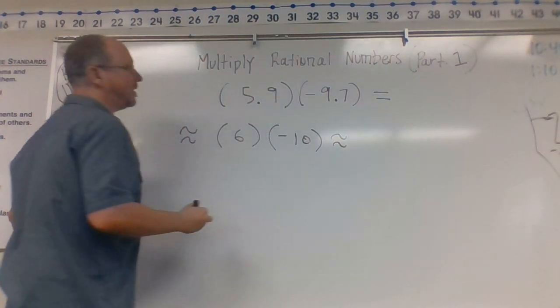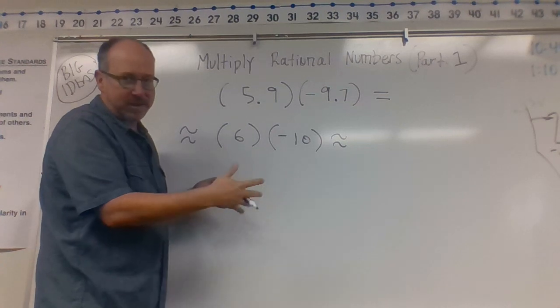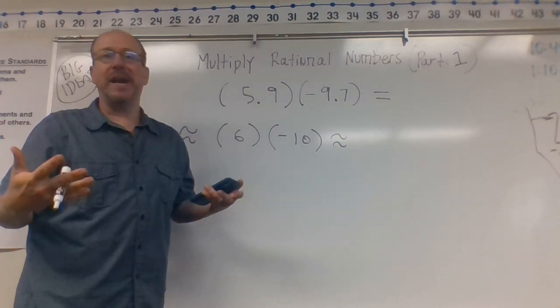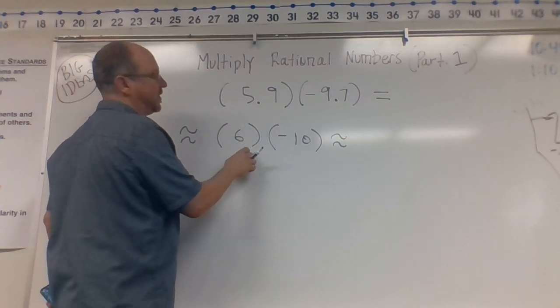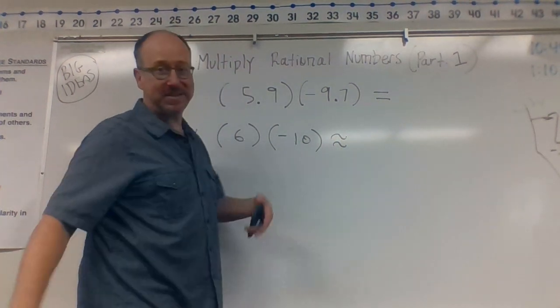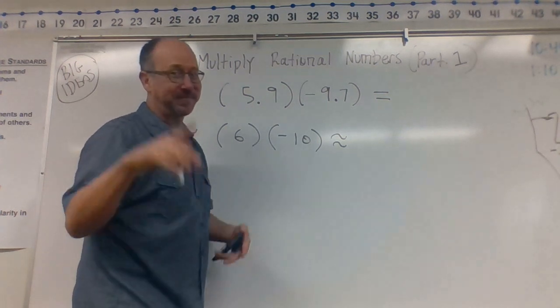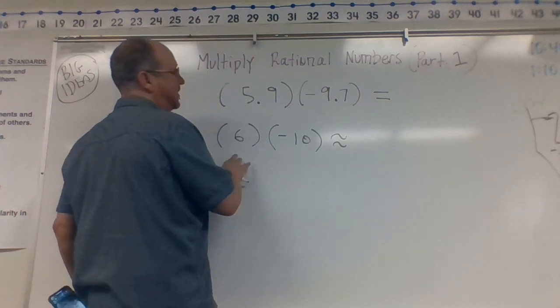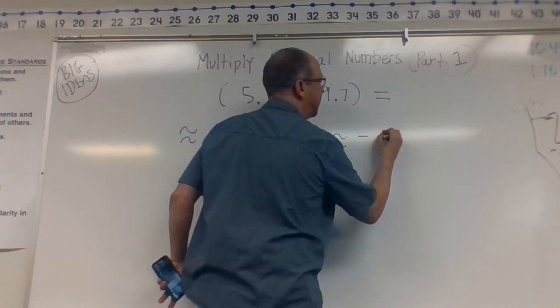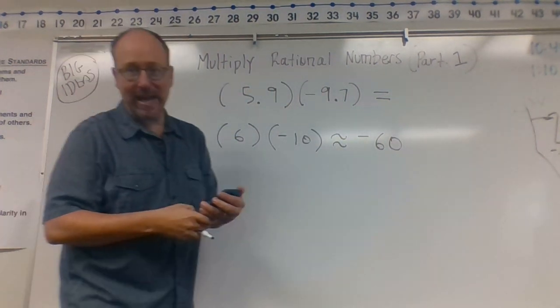And then here, we see values that we can work with, and we know we're going to get an idea of what our product is going to be. 6 times a negative 10: a positive times a negative in multiplication is always going to be what? Negative. So 6 times a negative 10 would be a negative 60. So we know our answer is approximately going to be that.